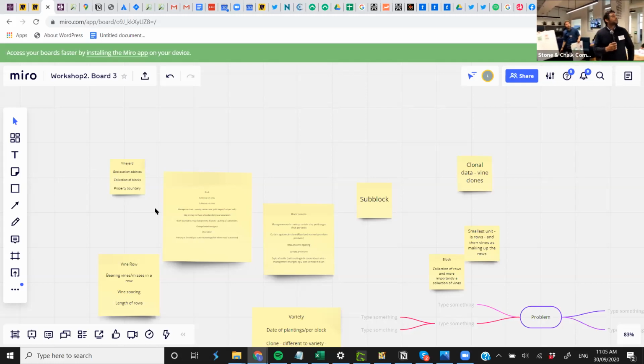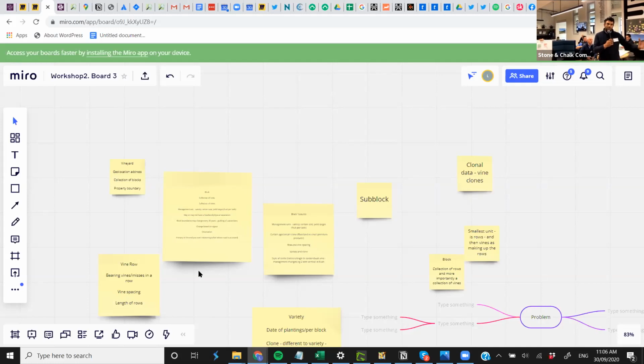Question: when some of your blocks at Taylor's Wines have even smaller areas of grapes that make up a block that maybe aren't absolutely together, how do you know those smaller areas? Specifically, we've got bays, old contoured vineyards.